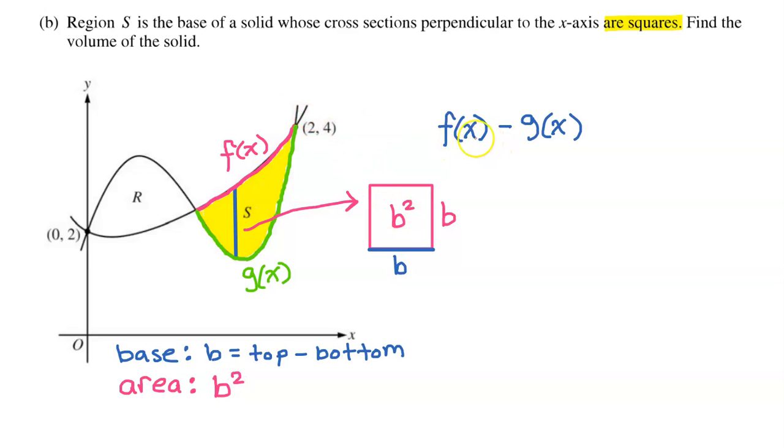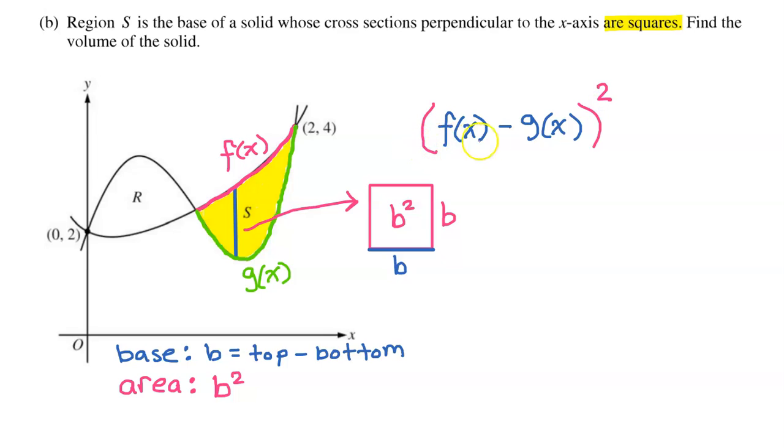And look, in the previous step, we wrote here in blue an expression for the length of the base. So f of x minus g of x, that's the base. If I now want to write an expression for the area, and I know that the area will just be the base squared, I can turn this into an expression for the area by just taking the base and squaring it.